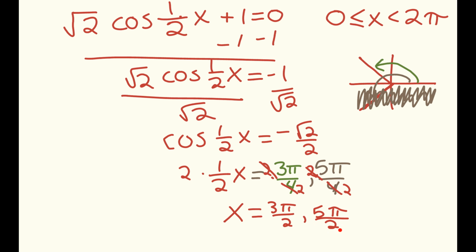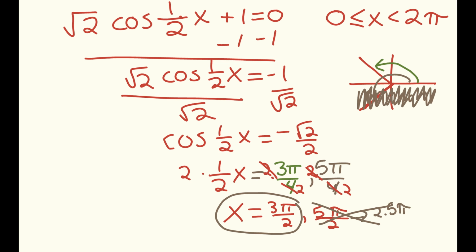Make sure it's under 2 pi. So 5 divided by 2 is actually 2.5 pi. So this angle shows up as being outside our domain up here, which again tells us that this is not part of our answer. So our only answer is x equals 3 pi over 2.